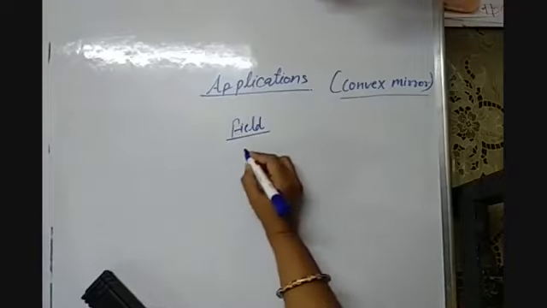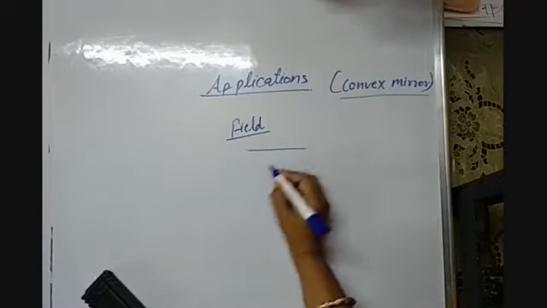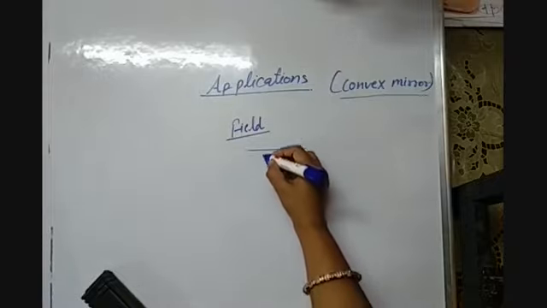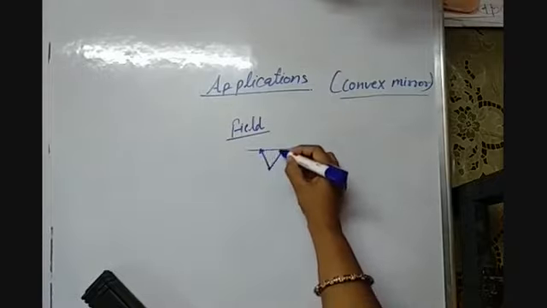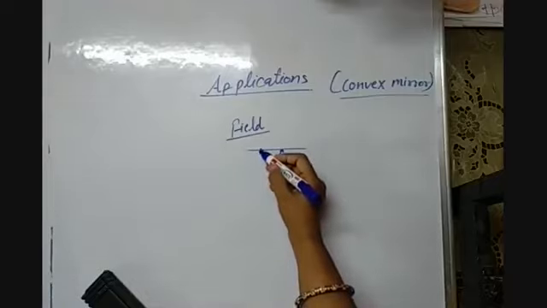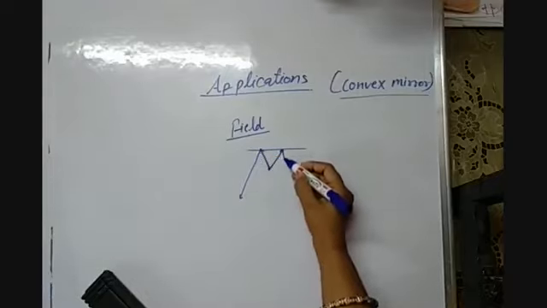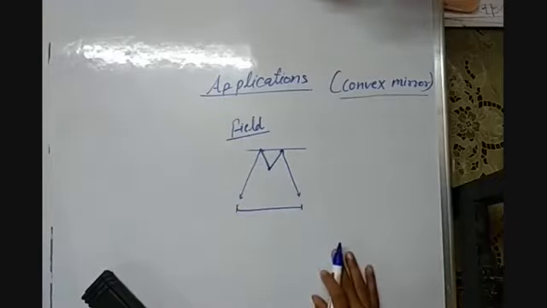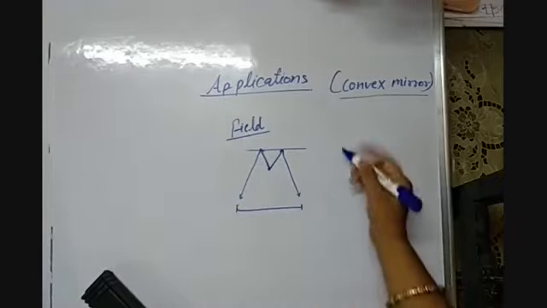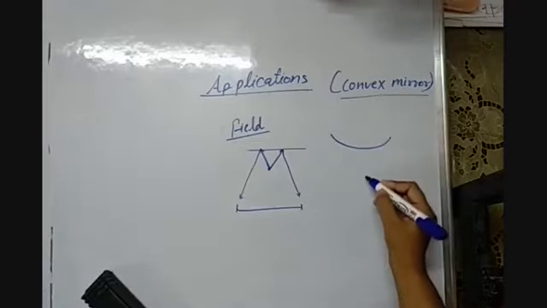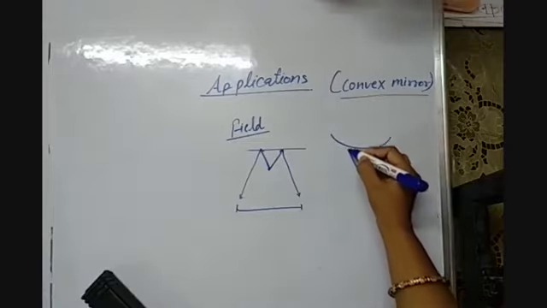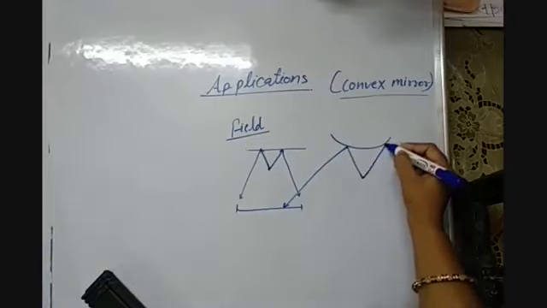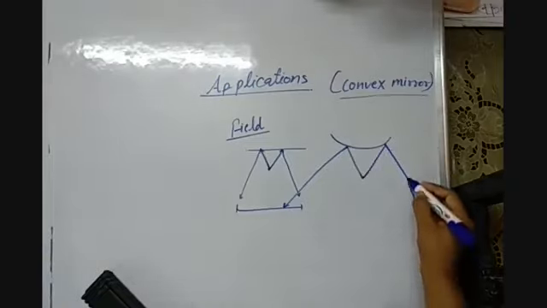When we use a plane mirror and we obtain the reflected light coming from a point object to it, this will not cover a much wider range. So this is the field of view of a plane mirror. But in case of a convex mirror, when this happens, a wider range is covered.